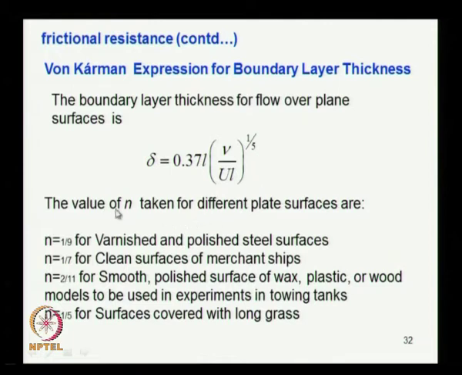So here the value of n taken for different plate surfaces, you can see how the value of n varies for different surfaces. If it is for varnished and polished steel surface, it is power 1 by 9, and for clean surface for merchant ships 1 by 7, for smooth polished surface of wax, plastic or wood models which are used for experiments, there it is 2 by 11, and for surface covered with long grass, that is basically accumulation of barnacles or seaweeds, so it may resemble that stage.